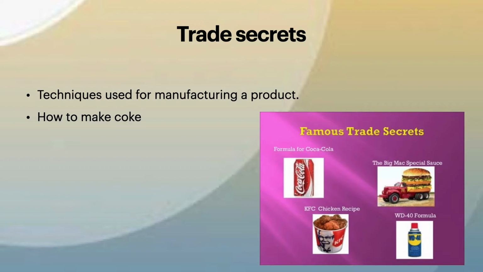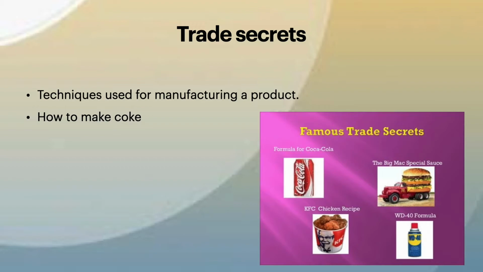Simply, it is the techniques used for manufacturing certain products, and these companies are not going to sell those ideas or reveal those ideas. It is very confidential. Because of the secret, this company is able to outstand all the other competitors in the industry, right?